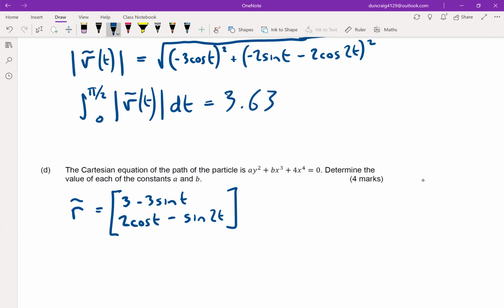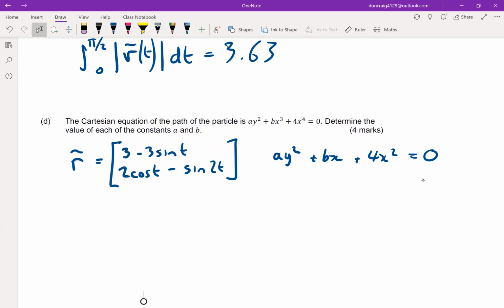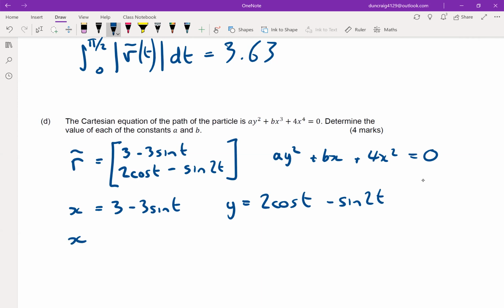We also know that we've got ay squared plus bx plus 4x squared is equal to 0, so we want to turn one into the other. First of all, we can say x is equal to 3 take 3 sine t, and y is equal to 2 cos t take sine 2t, because our position vector is xy, that's an x component, that's a y component. All right, let's go through. I can factorize this one here.